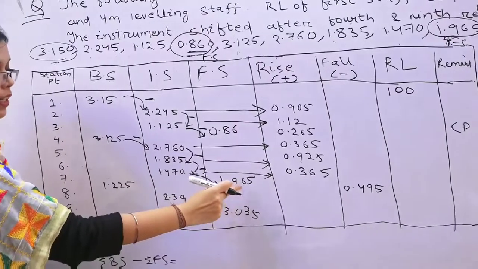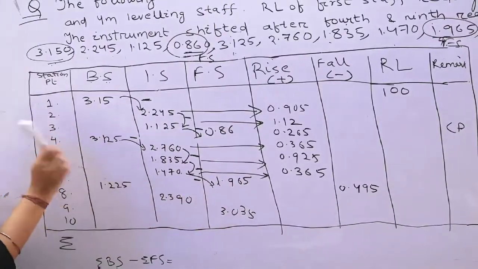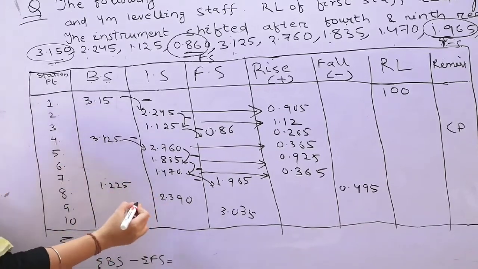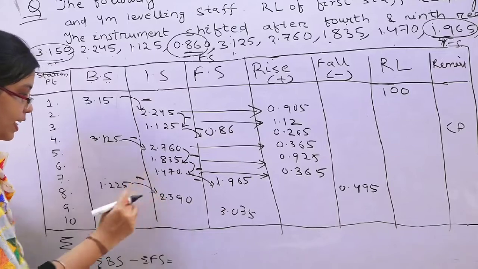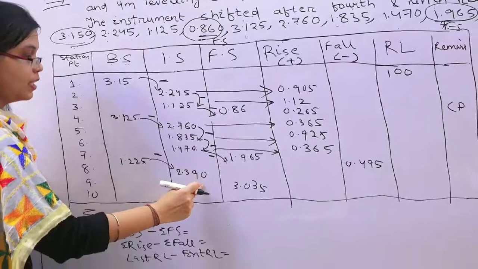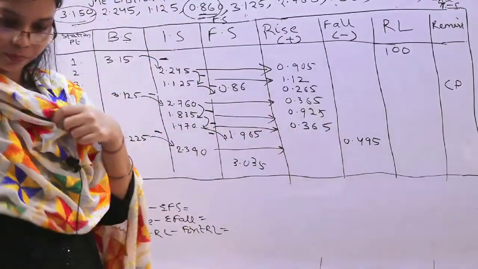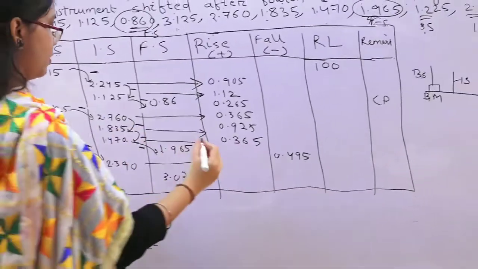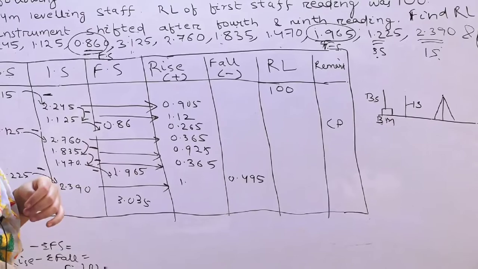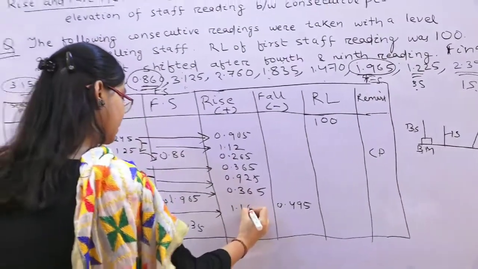Here at the change point we are getting one fourth side reading and one back side reading. This back side reading minus this intermediate side reading will again get a negative value. 1.225 minus 2.39 will get the value 1.165.